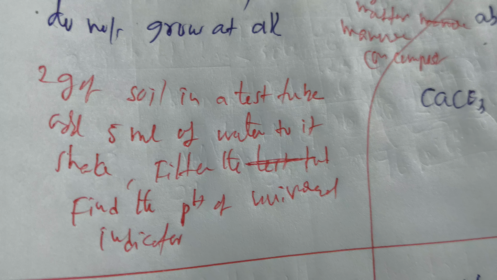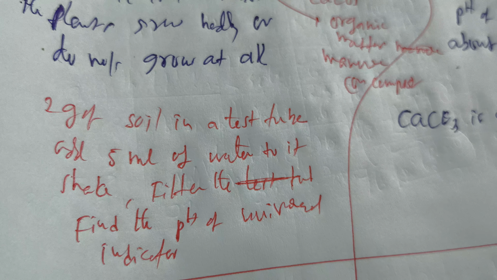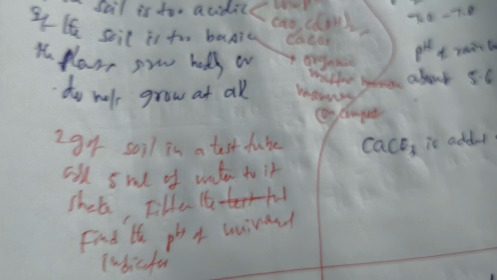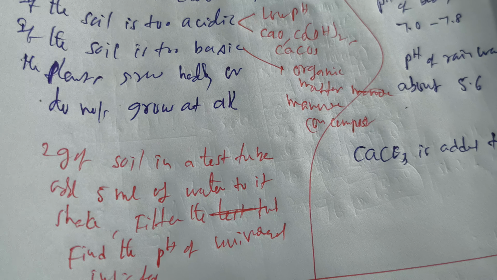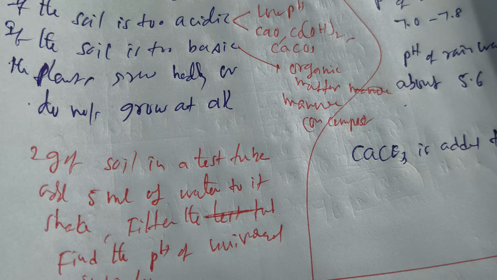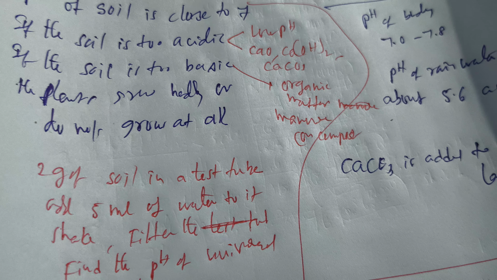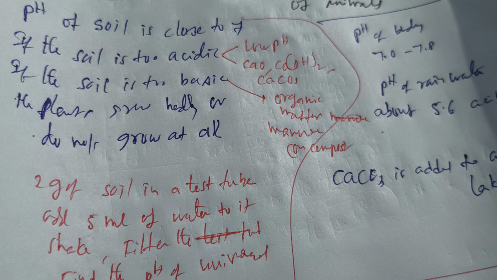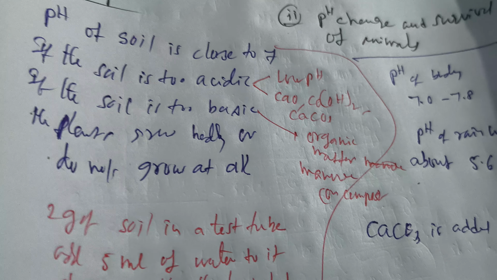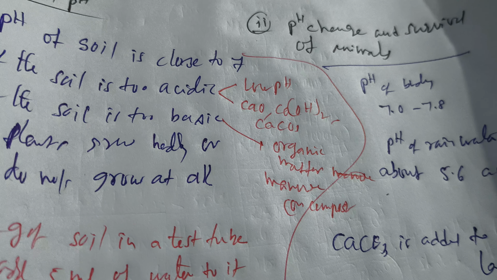If the soil has acidic nature, we can reduce the acidity by adding calcium hydroxide, calcium oxide, and calcium carbonate. If the soil is basic in nature, then we can add more organic matter, so the basic nature reduces and becomes neutral. In this way we are able to adjust the pH of soil and help plants grow in the correct manner.